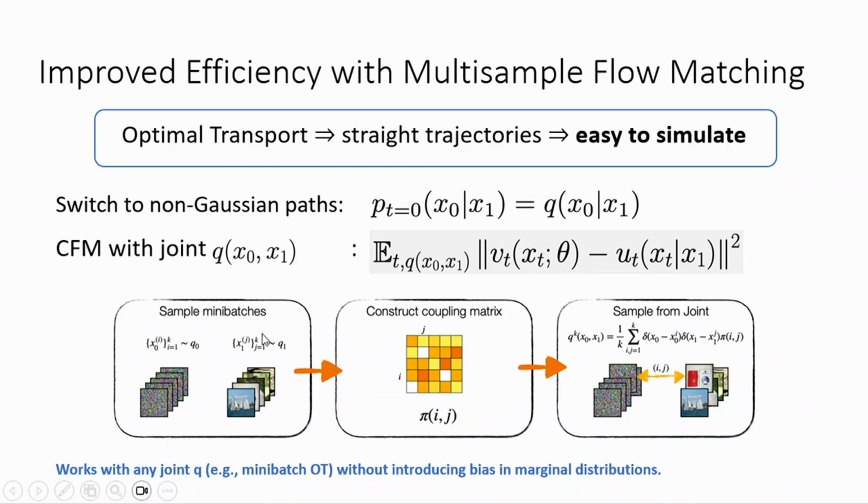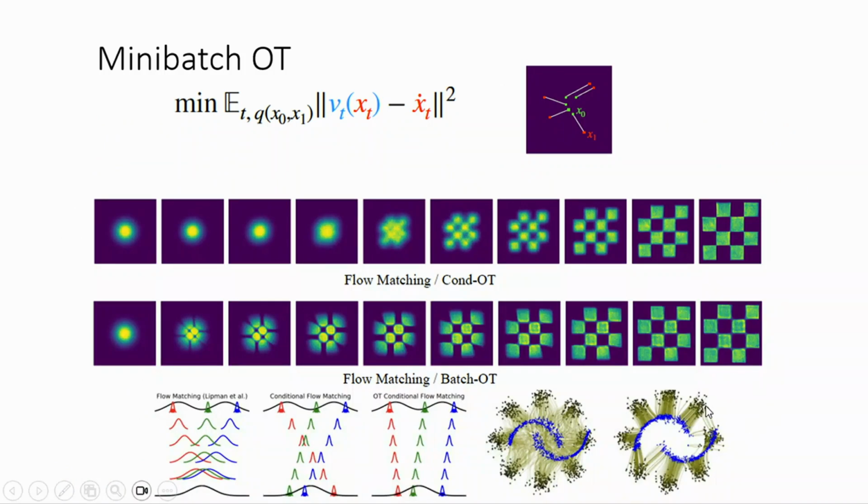This additional step of reassigning pairs by computing a cost function over the distance, coupling them together, and then computing the conditional vector field loss effectively gives you better separation.